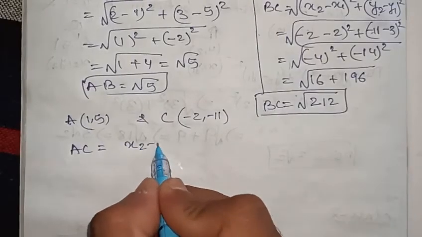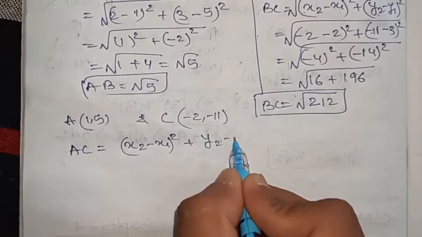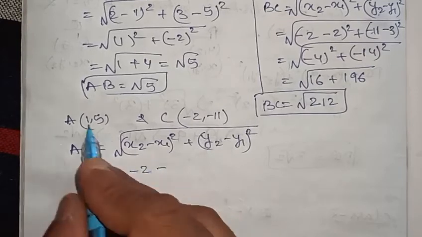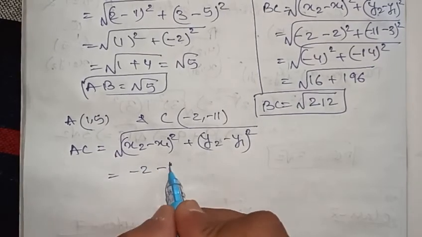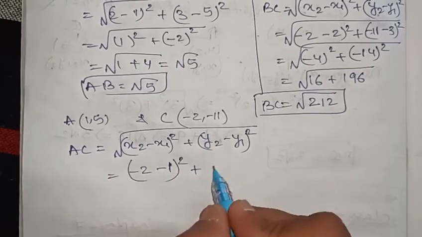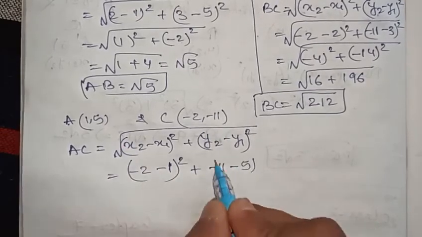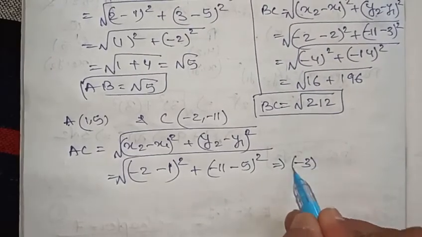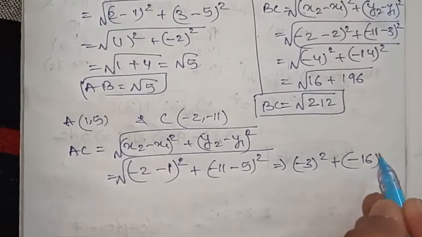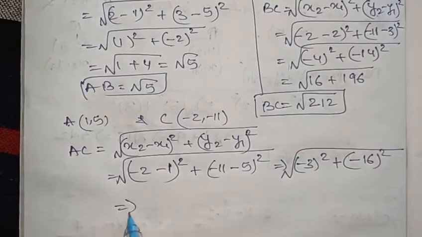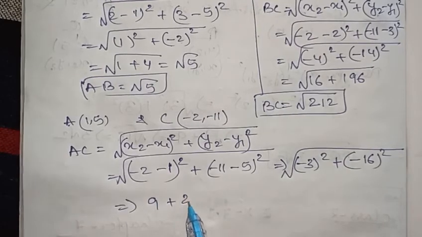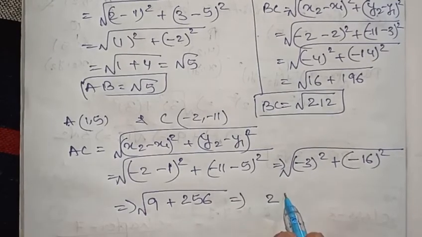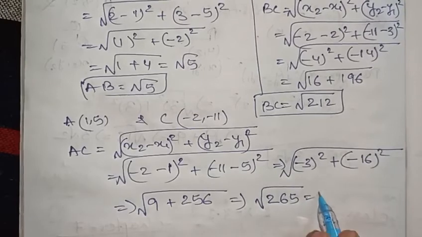AC is again square root of (x2 minus x1) whole square plus (y2 minus y1) whole square. x2 is -2, x1 is 1, y2 is -11, y1 is 5. We get (-3) square plus (-16) square. (-3) square is 9, (-16) square is 256. 256 plus 9 is 265. So root 265 is the value of AC.